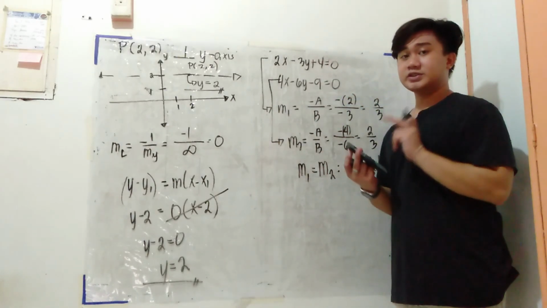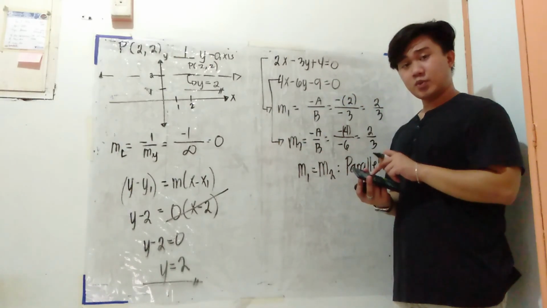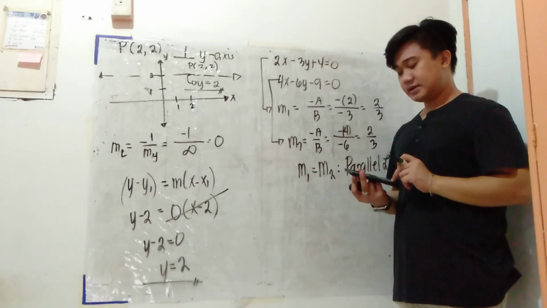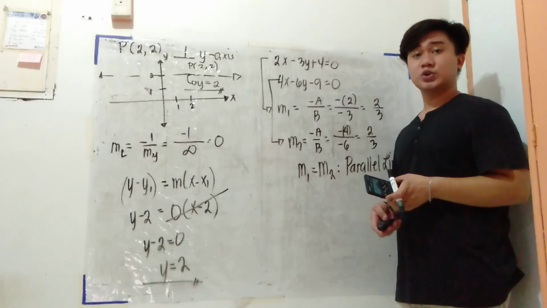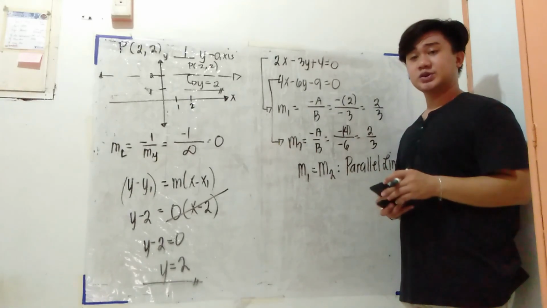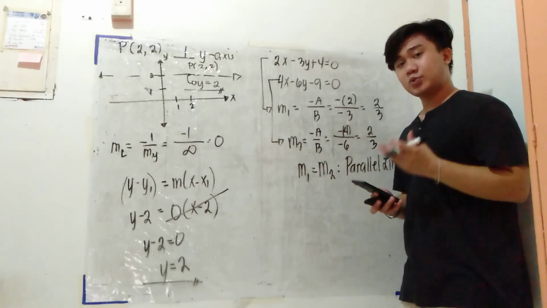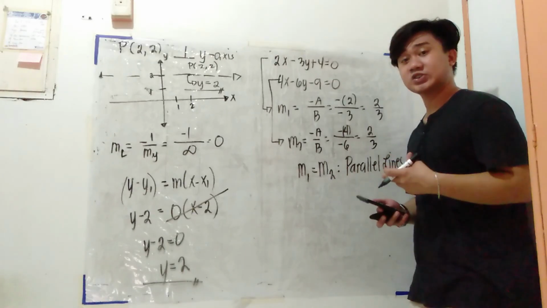Another thing, you could use your calculator. So, mode 5, 1. Mode equation, option 1: 2 equations, 2 unknowns. This is used to get the intersection of lines.